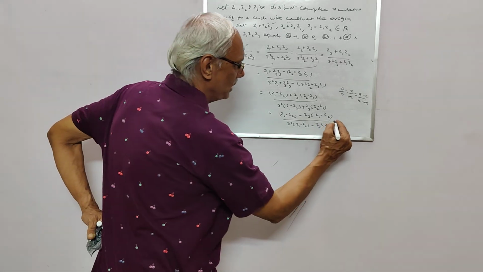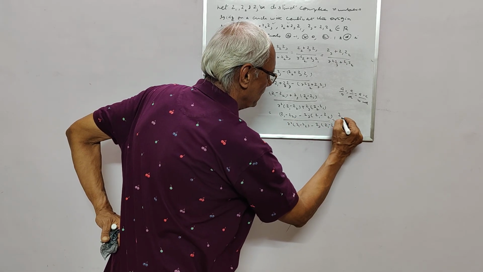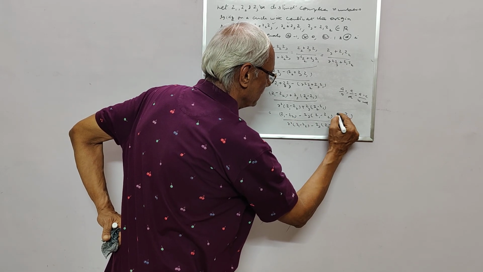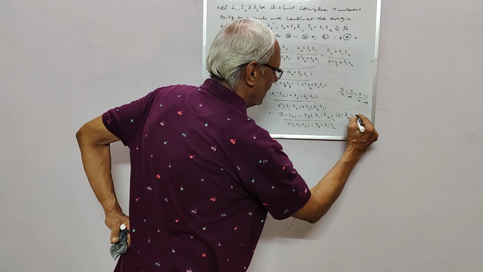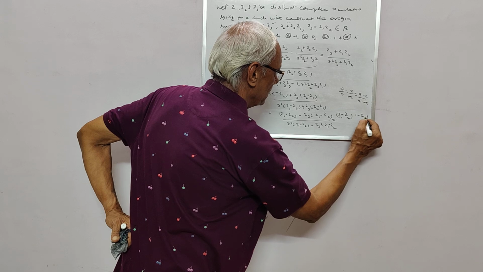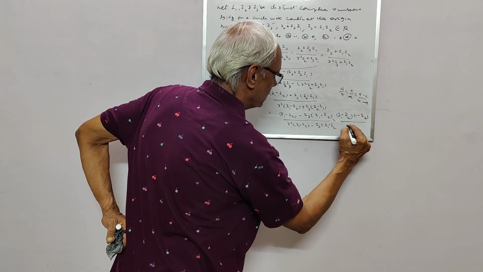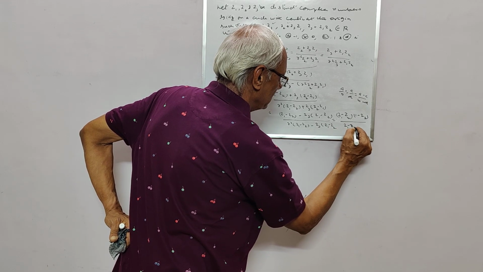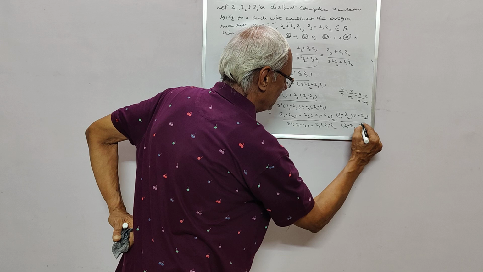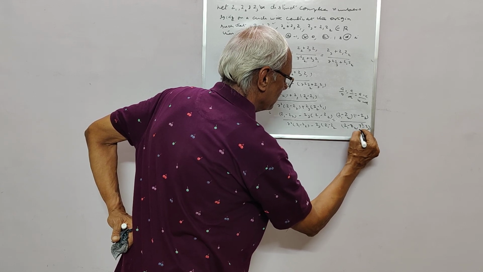Now you see that you take this Z1 minus Z2 common. So what will you get? Z1 minus Z2 into 1 minus Z3 divided by, you take this Z1 minus Z2, then it is R squared minus Z3.